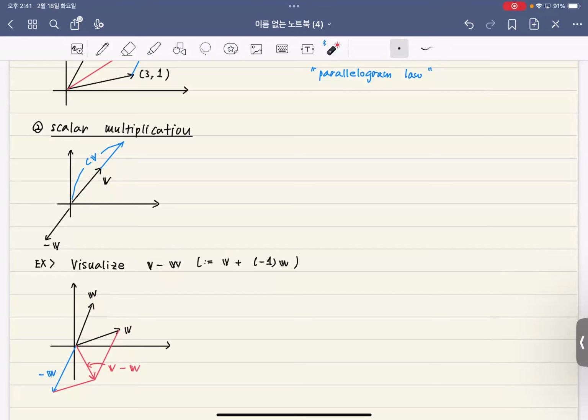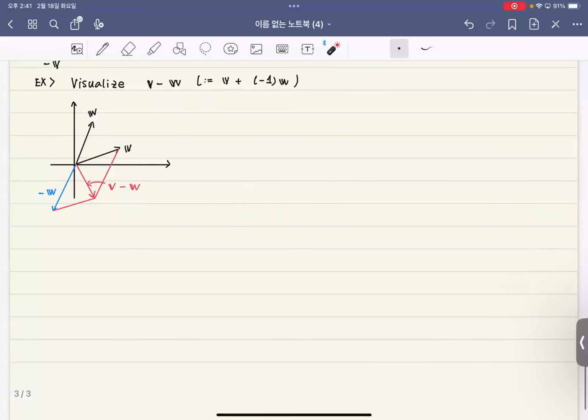Okay, good. So I have spent a reasonable time on explaining vector addition and multiplication.